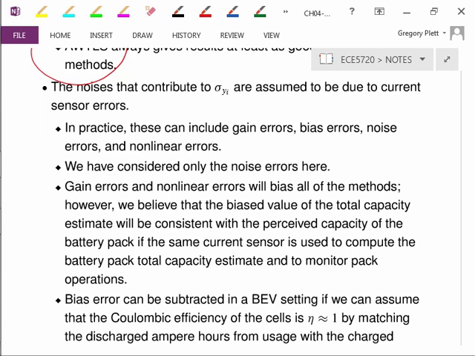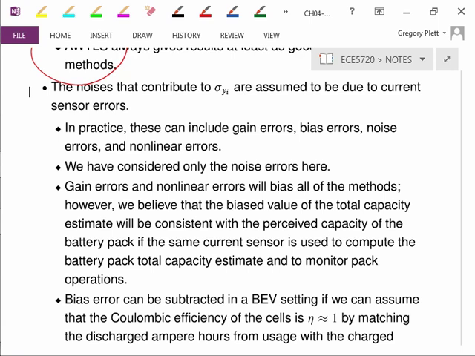The gain errors and nonlinear errors are going to bias all of the methods, but we think that the biased values of total capacity that you get are actually going to be consistent with computing energy and power because the same sensor is used to estimate capacity as it is to estimate everything else. So we think that it's going to cancel out, is our guess, although I don't know that for certain.